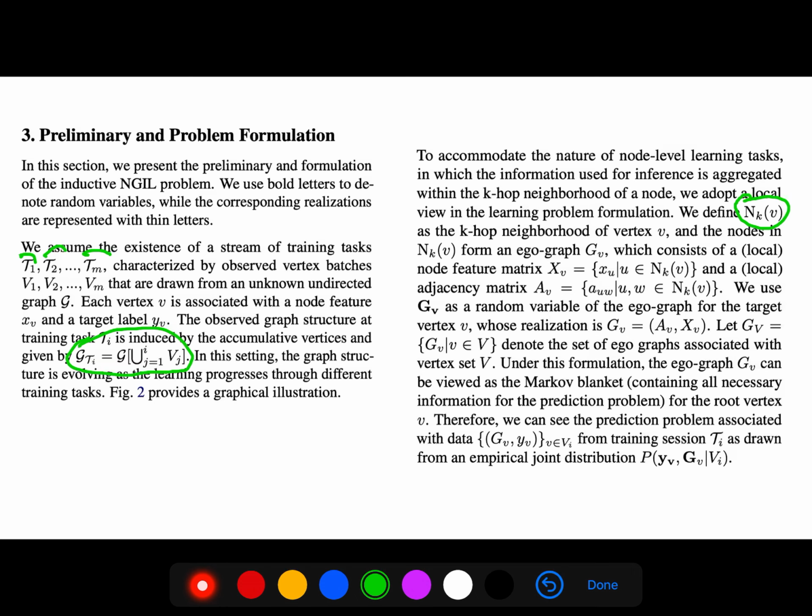We use G sub v as a random variable. Of course, we use these ego graphs a lot in graph explainability. I have a playlist for graph explainability in graph neural networks or even graph representation, so we will talk about it there.